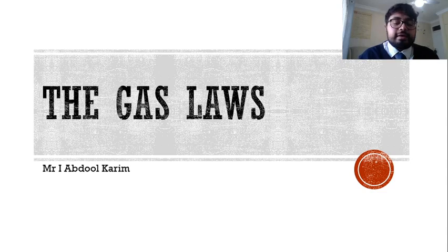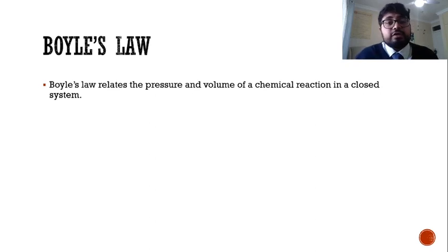We're going to look at our three laws derived by three different scientists, which relate temperature, pressure, and volume in a chemical reaction. So that is the gas laws, and the first gas law that we're going to look at was derived by Boyle, and that is Boyle's law. Now, Boyle's law relates volume and pressure in a closed system.